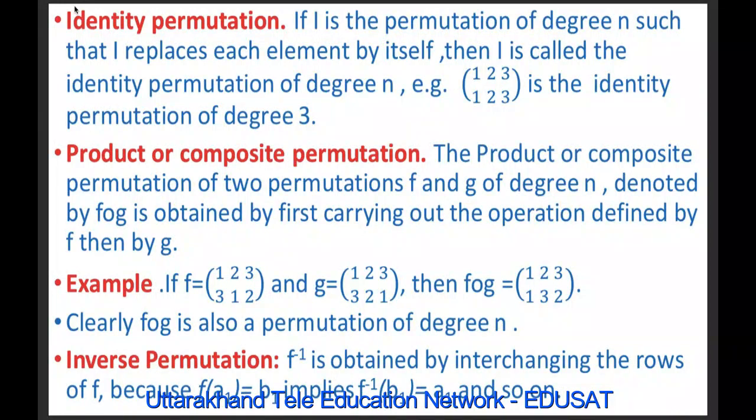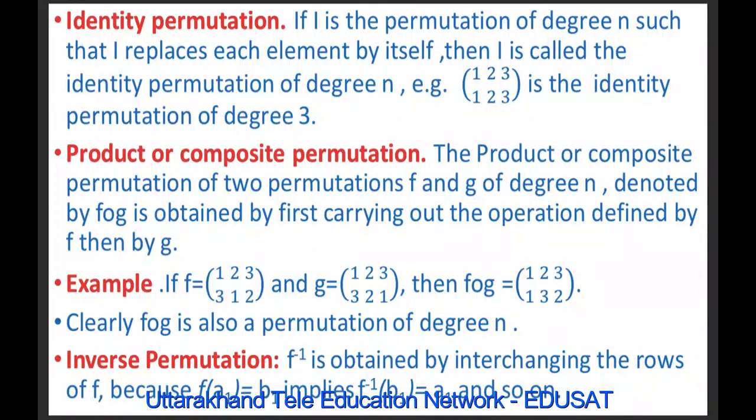And g equals 1, 2, 3 in the first row, and in the second row we write the images: the image of 1 under g is 3, the image of 2 under g is 2, the image of 3 under g is 1. Then for f of g, first we carry out the operation given by f, then the operation given by g.